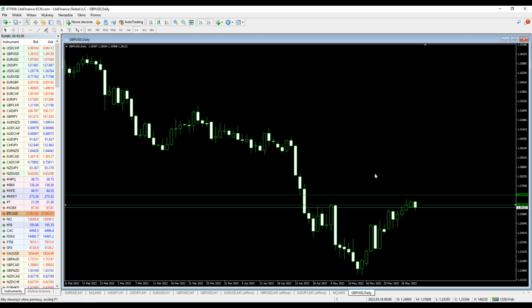And if we are looking for lower levels, of course, the supply zone over here is going to be taken into consideration, as well as this swing high, and the low over here. Okay, so we have some very important levels from the daily chart.